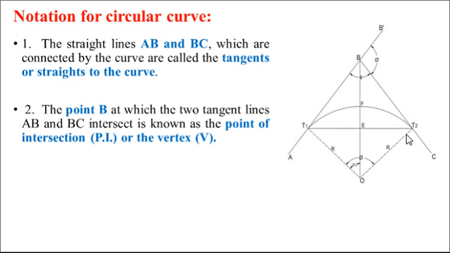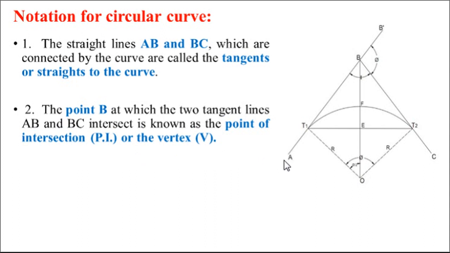Second nomenclature: the point B at which the two tangent lines AB and BC intersect is known as the point of intersection PI or the vertex point.